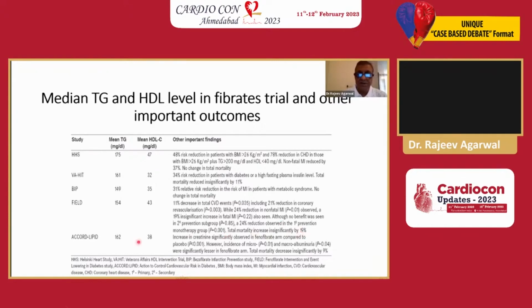ACCORD Lipid decreased mortality insignificantly by 9%. So none of the trials of fenofibrate has shown mortality reduction, except a subgroup analysis showing CV risk reduction in some specific subgroups. So historically, TG lowering is not giving any outcome benefit.